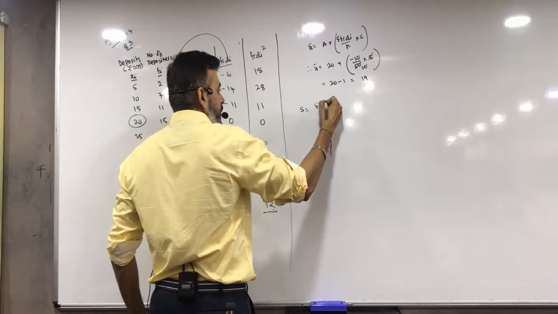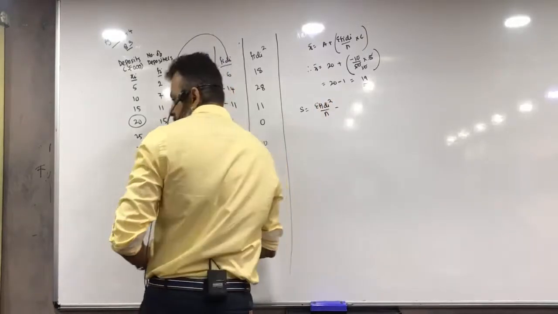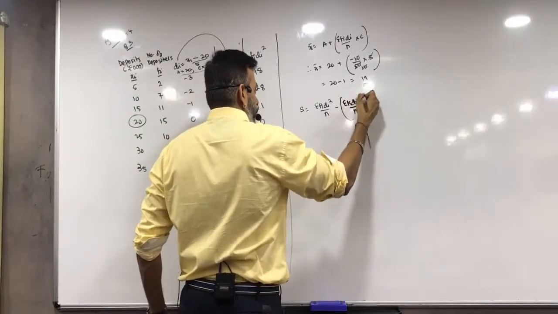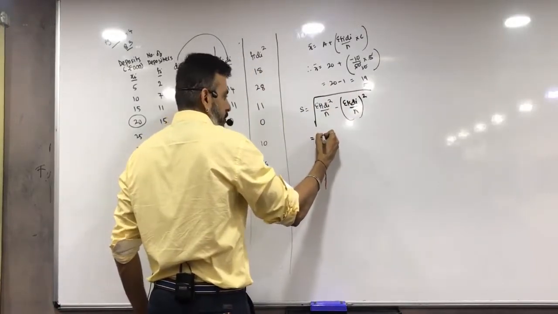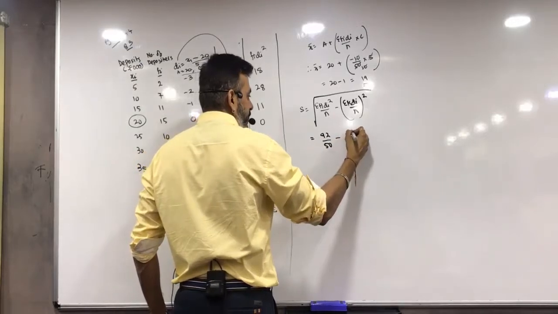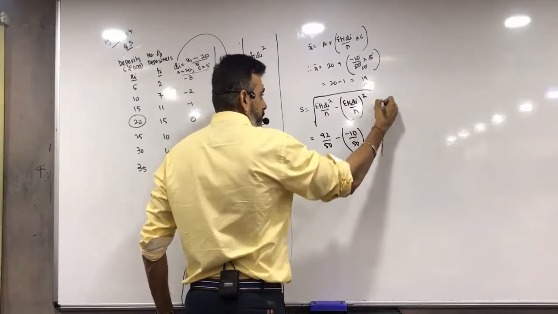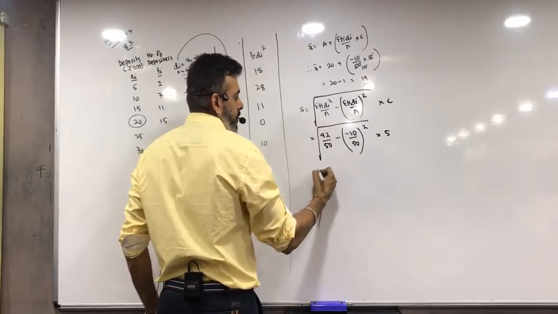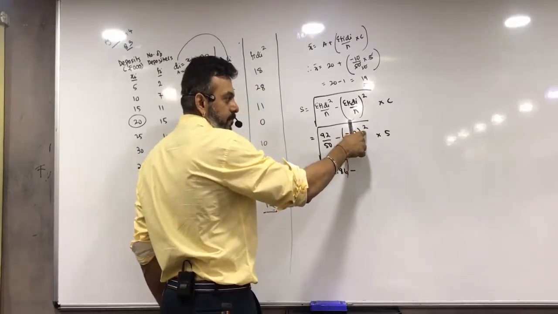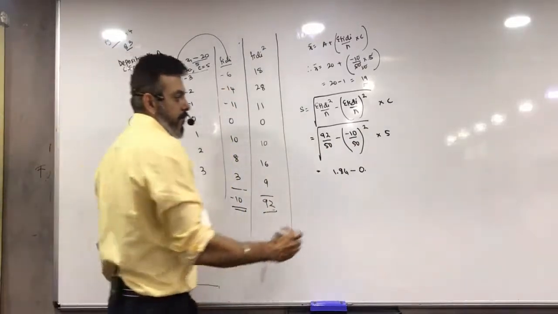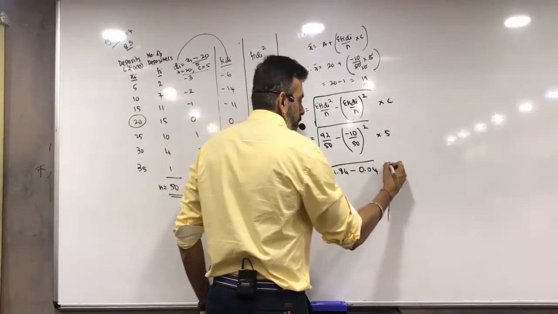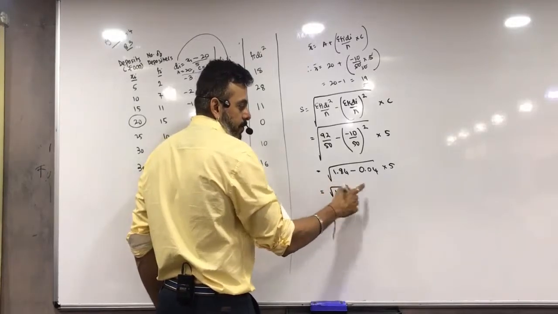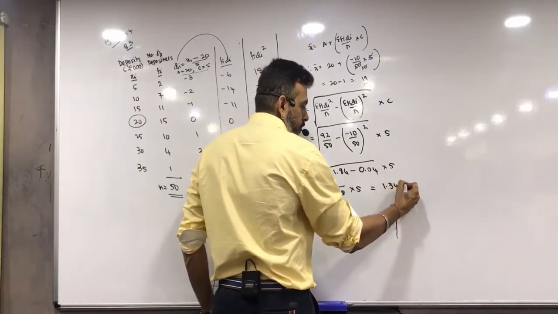Standard deviation is the square root of sigma fi di square upon n minus (sigma fi di upon n) the whole square, into c, which is equal to the square root of 92 by 50 minus (10 by 50) the whole square, into 5. That is 1.84 minus 0.04, because minus and then square becomes plus, into 5, which is the square root of 1.8 into 5, 1.341 into 5.